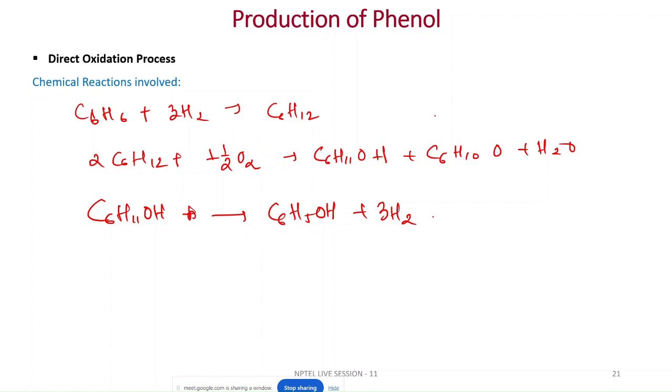The oxygenated fraction is then dehydrogenated to produce phenol in the presence of a nickel or platinum catalyst. The direct conversion of benzene to phenol via air oxidation has been the subject of much research because of its simplicity, right? This is very simple. But the yields were never that high, so this process is not much used in industry on a full commercial scale.